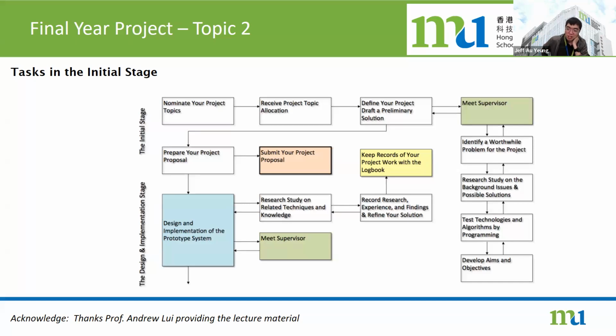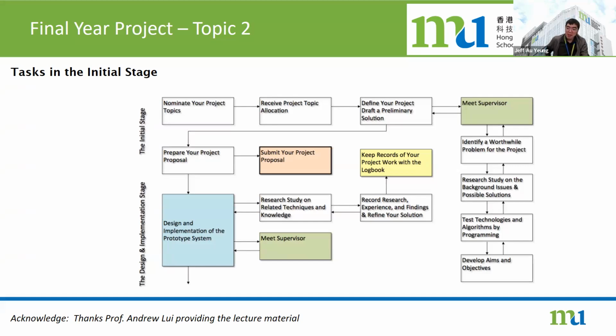At the same time, there will be meetings between you and your supervisor to make sure your supervisor knows what you're doing. During the preparation of your project proposal, you should also consult your supervisor, and if possible, you can send a draft to them for review before you submit.